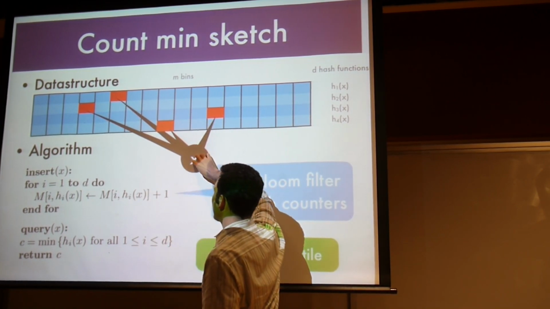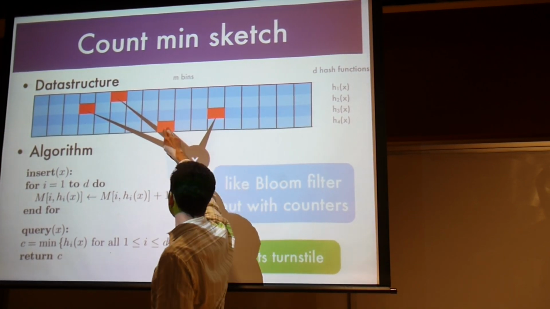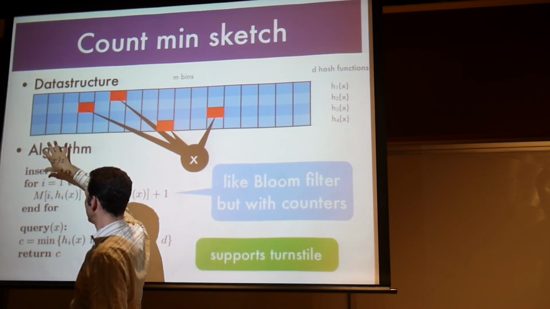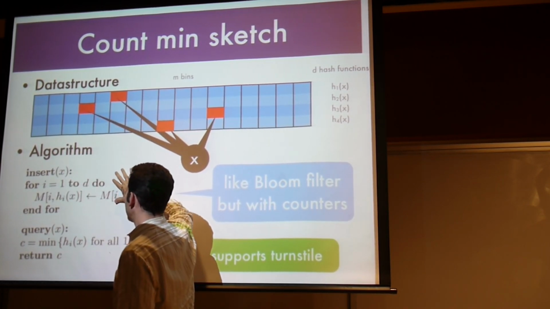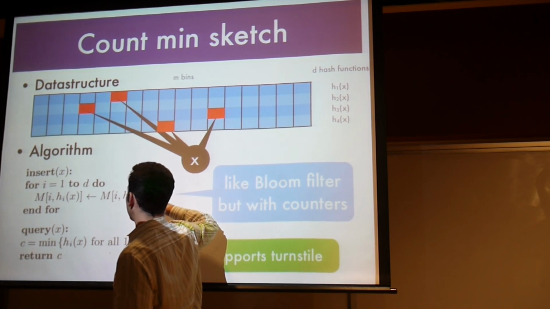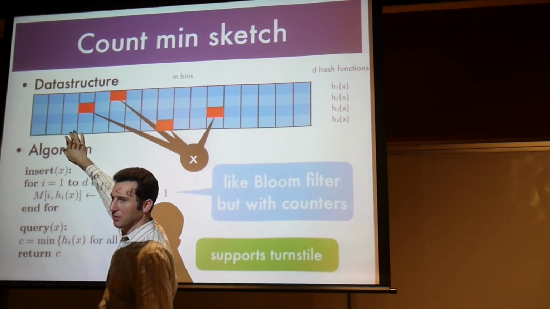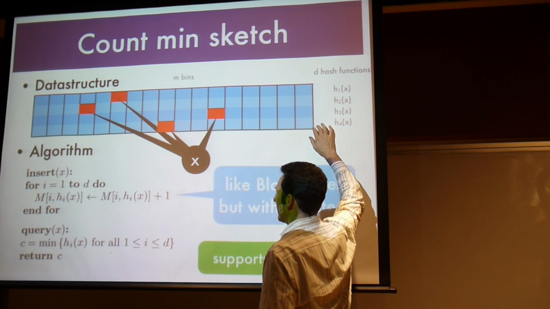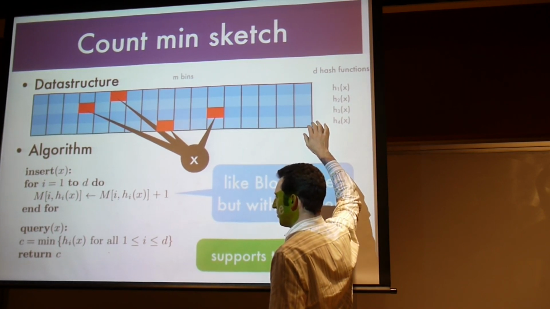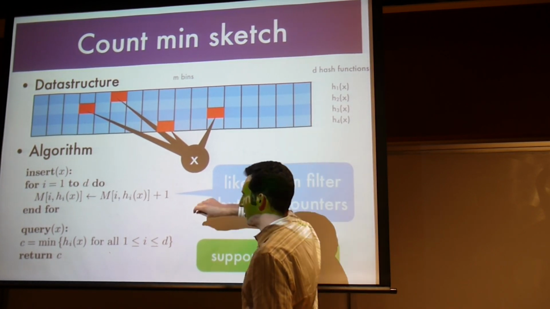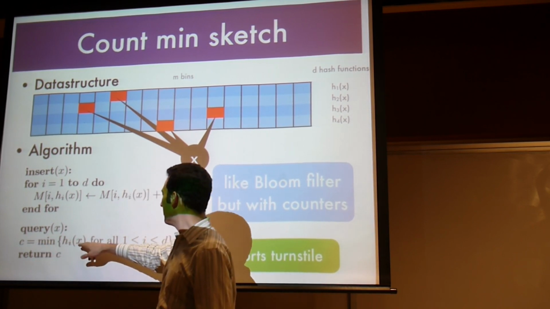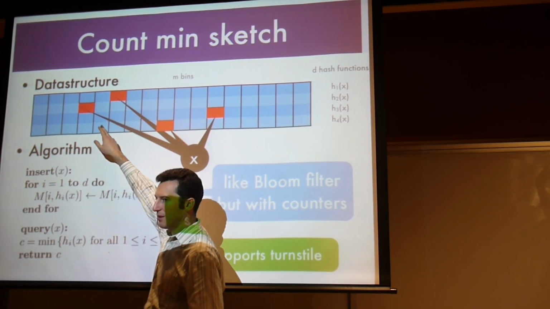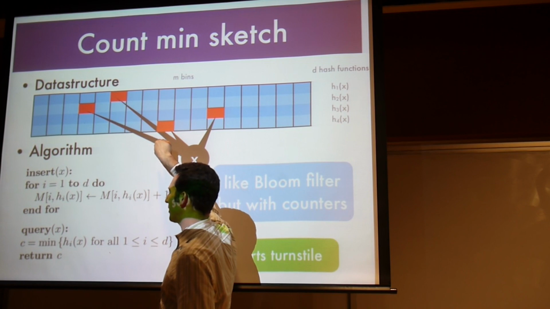We compute the hash of this item, and then we increment the corresponding counters by 1. Right? And so each row is going to contain the sum over how many items I've seen so far. Now, in order to perform a query, I'm going to take the minimum over all those counters, over, let's say, all those red guys.